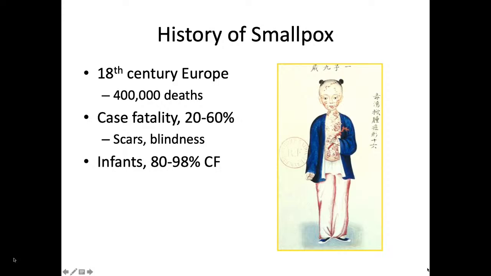And you might know that smallpox leaves scars, and people were disfigured, or the virus affects the eyes as well, and it was leading to blindness as well. In infants, case fatality rate could reach even up to 100%.